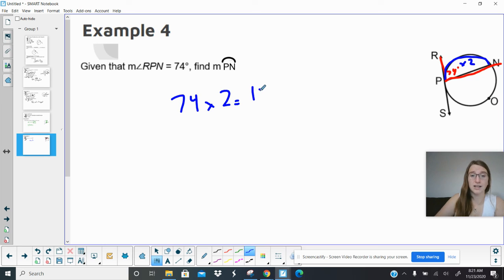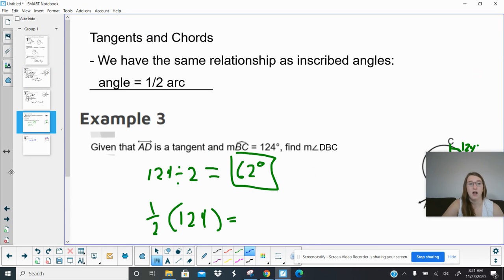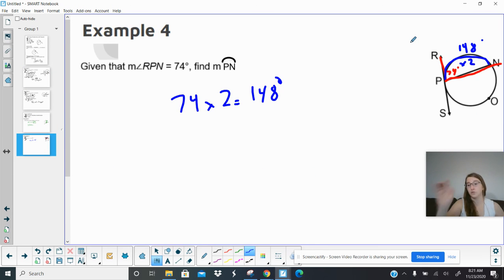So the arc is 148 degrees. So that's going to be this measure right here, 148 degrees. So we're going to practice this a bit more in class because these problems get a bit trickier. The tangent problems really don't get any trickier than that. But these ones do get a little tricky. So we're going to practice some more in class.